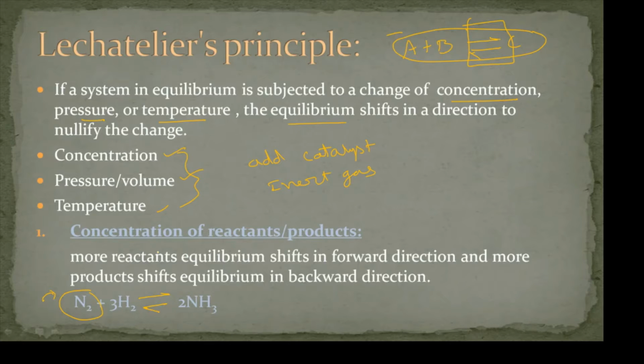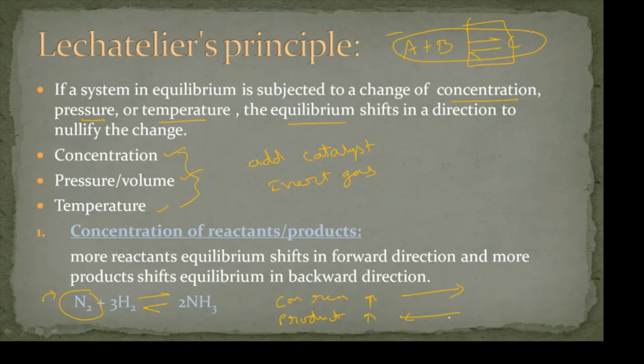So to decrease the concentration of reactants, the reaction should move forward. Then only the concentration of reactants decreases, right? So if the concentration of reactants increases, then the equilibrium shifts in the forward direction. Whereas when the product concentration increases, then to decrease its concentration, the equilibrium shifts in the backward direction.